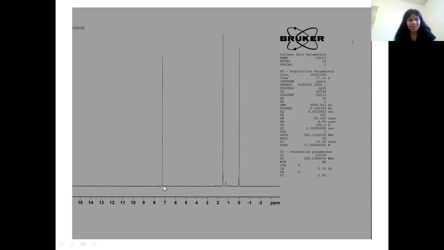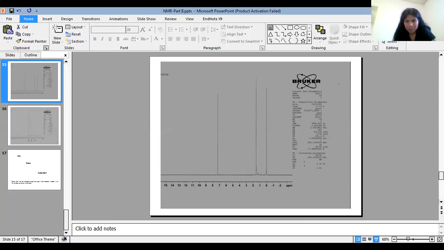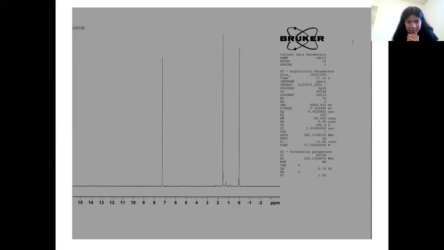These three peaks are due to the CDCl3 solvent itself. Whenever you take any NMR in CDCl3 solvent, you will see these three peaks present. All three will always be there.